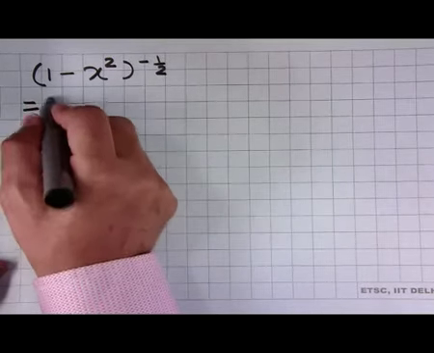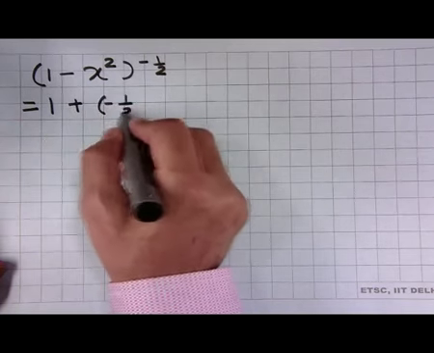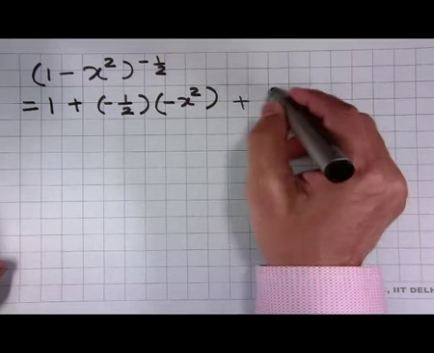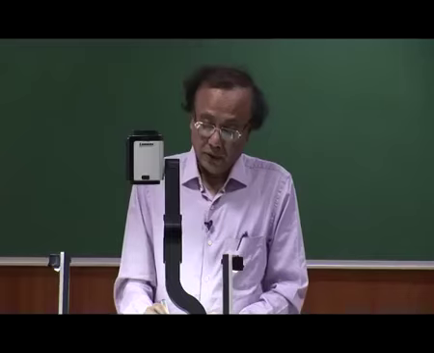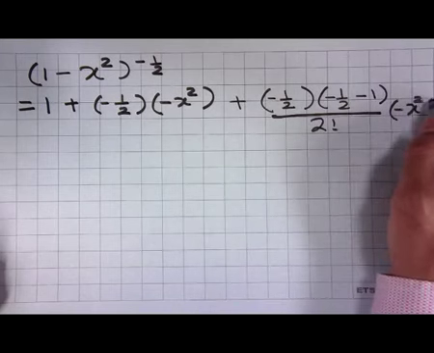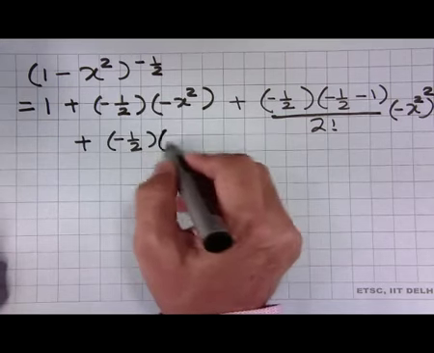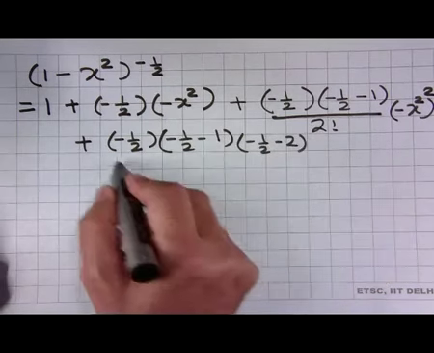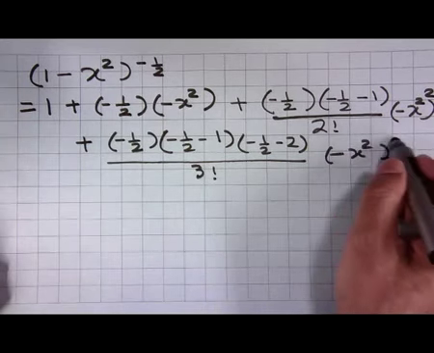This is equal to 1 plus minus half into minus x square plus minus half into minus half minus 1 upon factorial 2 into minus x square whole square plus minus half minus 1 into minus half minus 2 upon factorial 3 into minus x square whole cube.